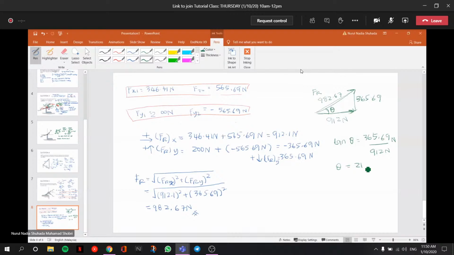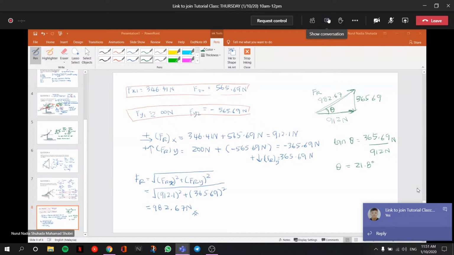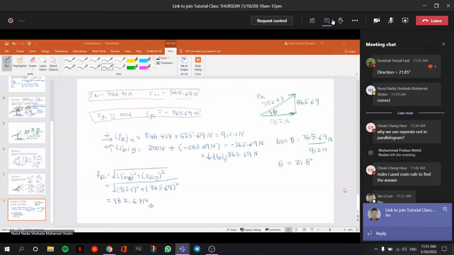So some of you said you use the cosine rule to find the answer. Do you get the answer to be 21.8 using the cosine rule? If you get the answer, then it's okay.